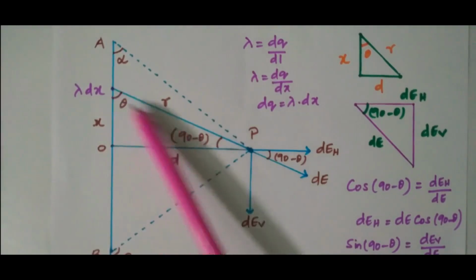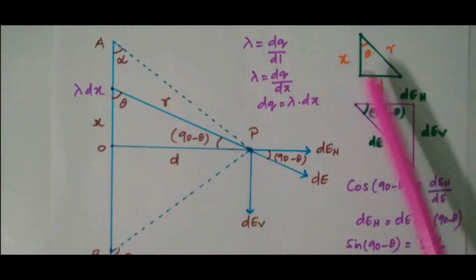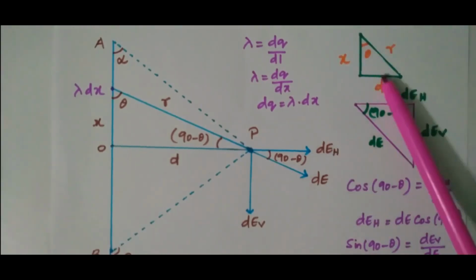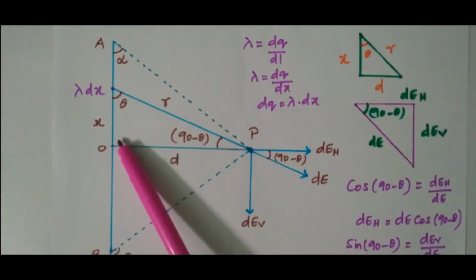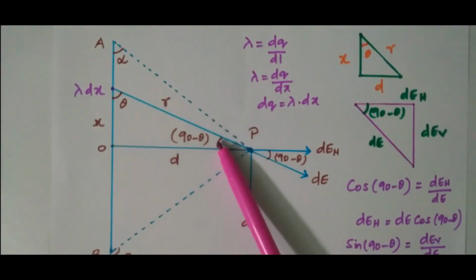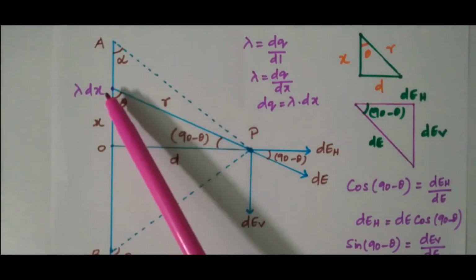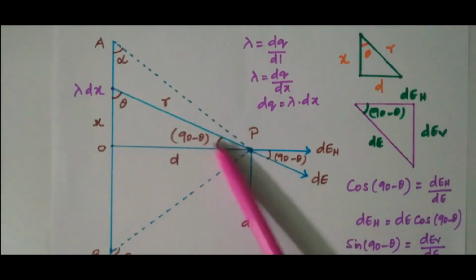So this triangle with dx and r is drawn separately here for calculation purpose. This is the angle theta. This angle is 90, so automatically the remaining angle will be 90 minus theta, right? So due to the point charge, the electric field intensity dE is produced on the opposite side.